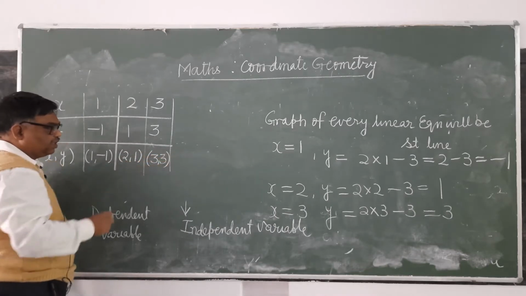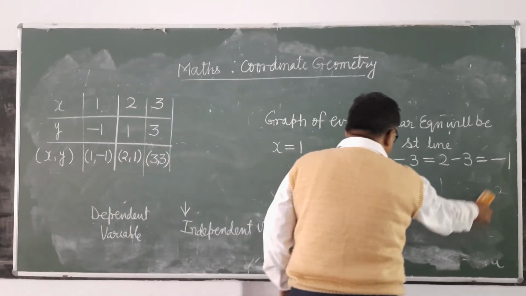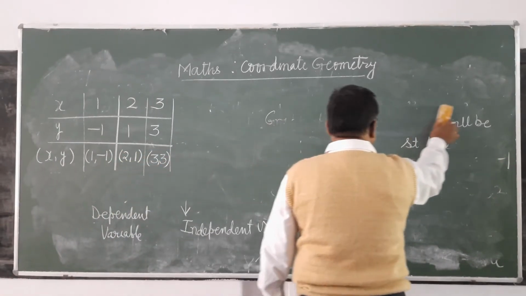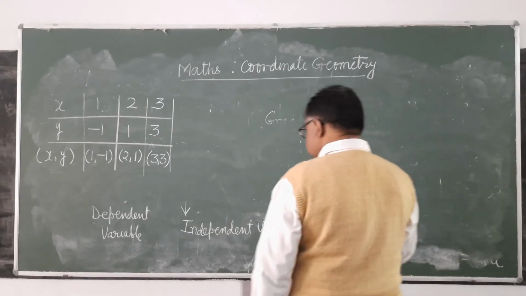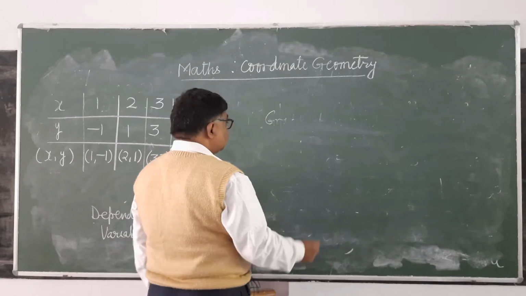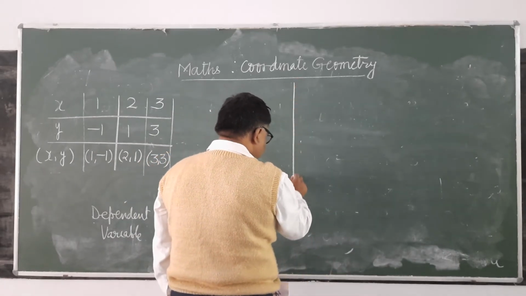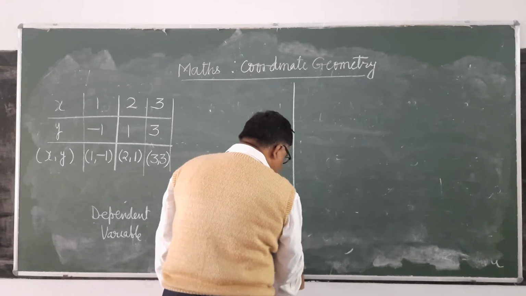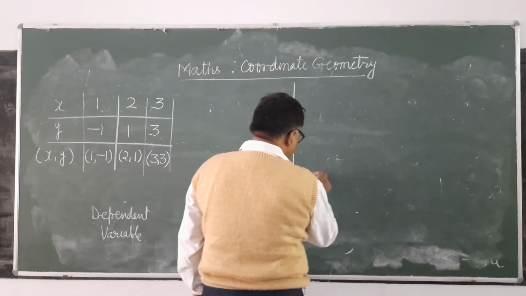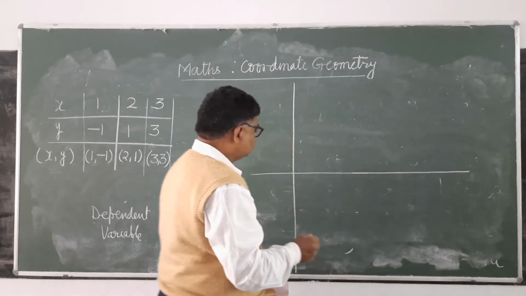Now we will plot it on the graph paper. How will you plot? You can see here. On the graph paper you draw two perpendicular lines, that you must be knowing. So you will draw like this.